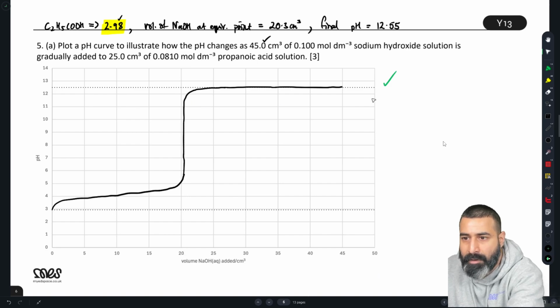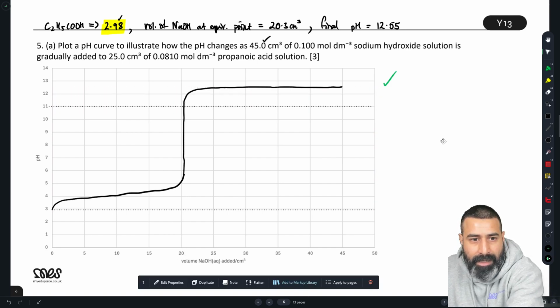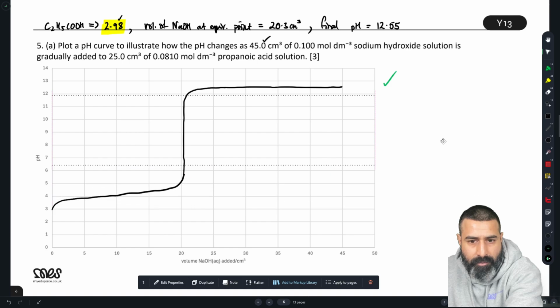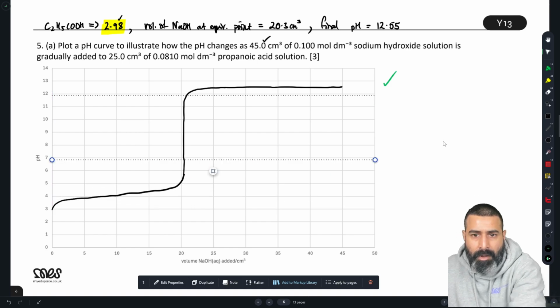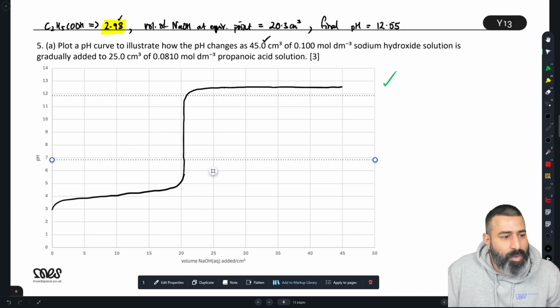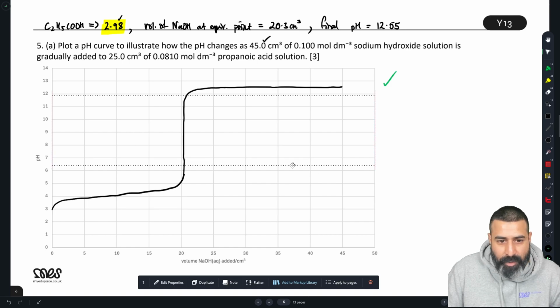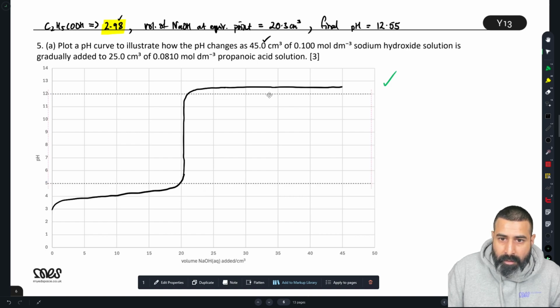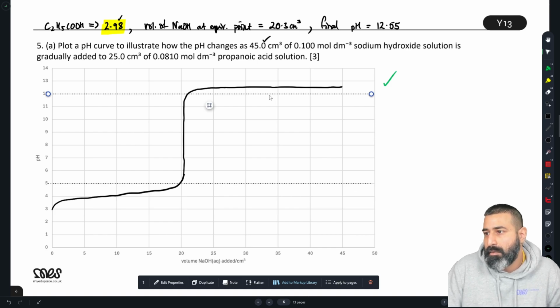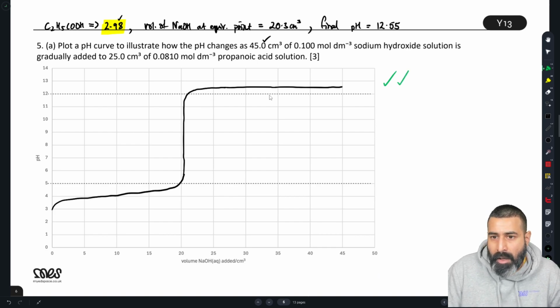So what's next is that this vertical section has to be between, I think it was 7 and 12. I'll just double check. So this vertical section has to be within the extremes of 5 and 12, which it is. Okay. Great. So second mark sorted.